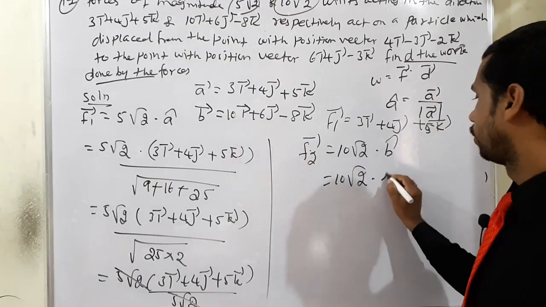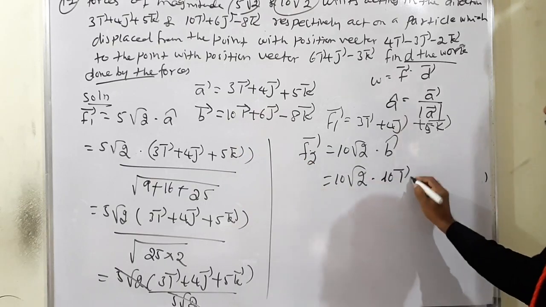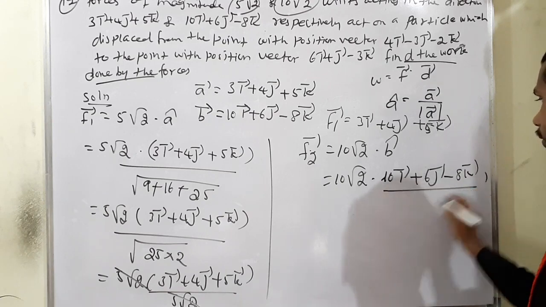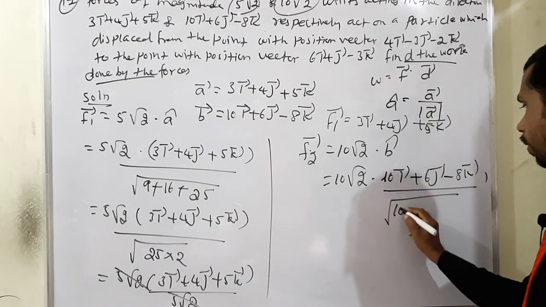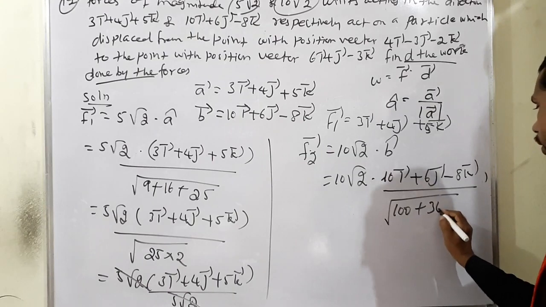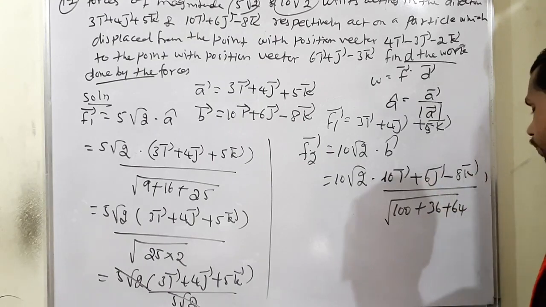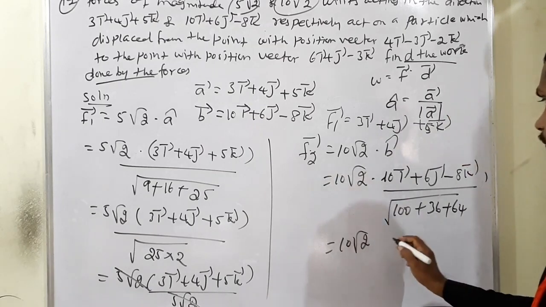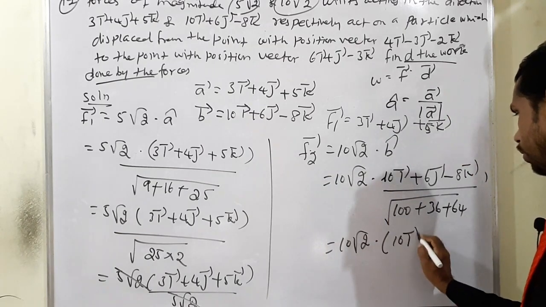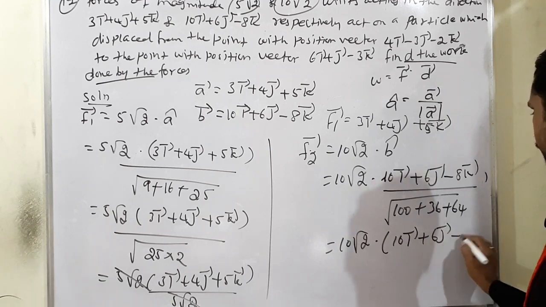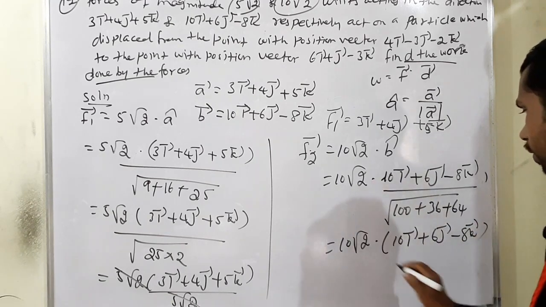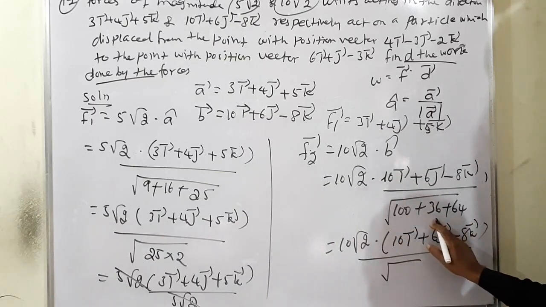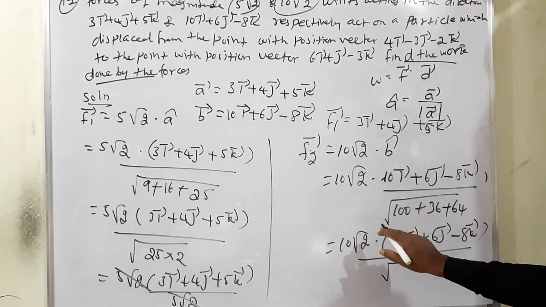B vector is 10i vector plus 6j vector minus 8k vector divided by modulus: 10 square is 100, 6 square is 36, 8 square is 64. 64 plus 36 is 100, and 100 plus 100 is 200.